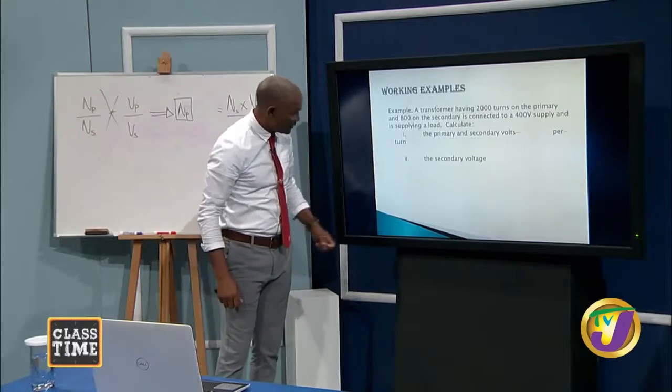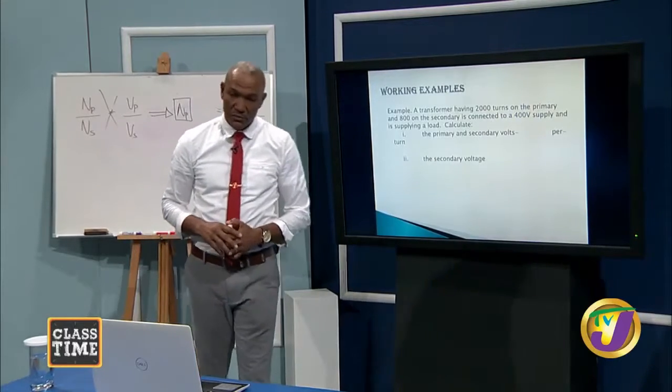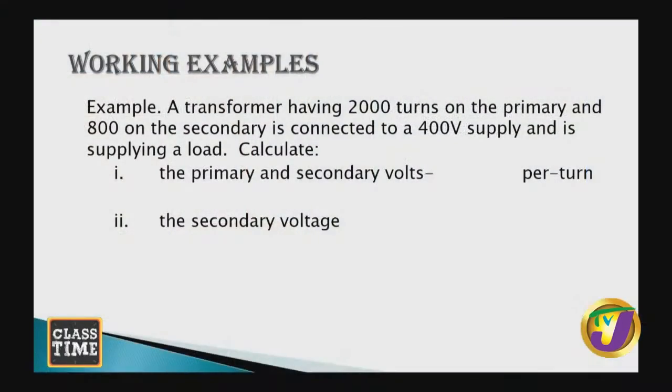So let's go into an example. An example reads: a transformer having 200 turns in the primary and 800 turns on the secondary is connected to 400 volts. Remember, the side that is connected to a supply is called the primary. So right away, students, this is your primary voltage. And it is supplying a load.